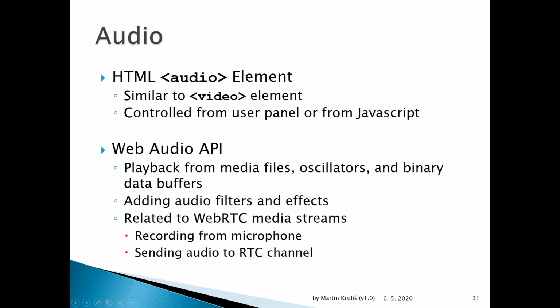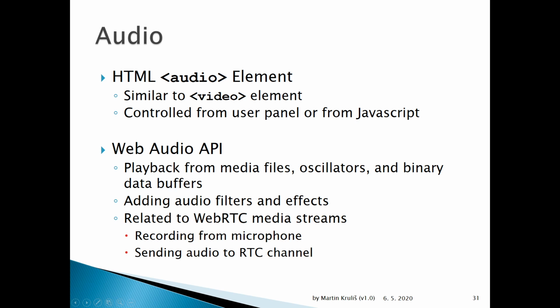It allows you not only to play back media from files, but also from manually constructed binary buffers, and it also provides oscillators for creating artificial sounds. Furthermore, you can add some filters and effects to the playback, so you can, for instance, gain or adjust the volume of the playback. This API is also related to WebRTC.